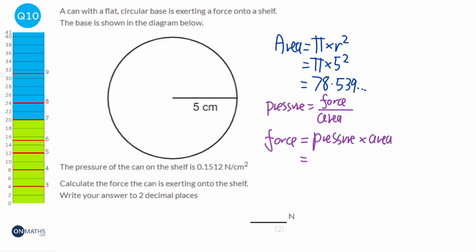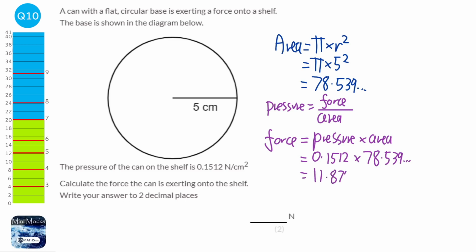Pressure, it says, is 0.1512. The area we found out in the previous question, and we keep that in our calculator, so we keep the accuracy up, and when you do that, you get 11.875 blah blah blah, rounded to the 2 decimal places it asks for, and you get 11.88 newtons.